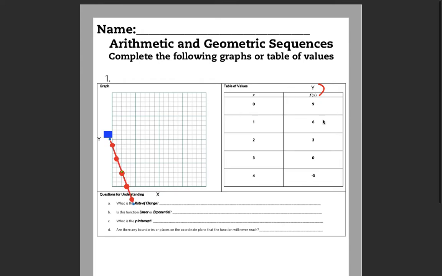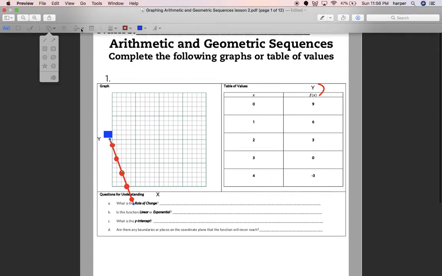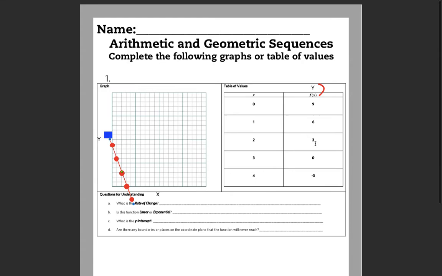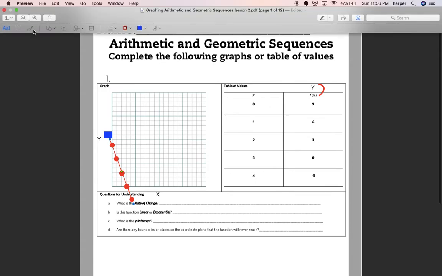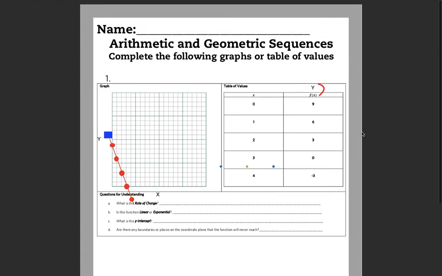If you notice even just here, how is it going? Obviously we're going down, we went from 9 to 6 to 3. So how much is it going down each time?